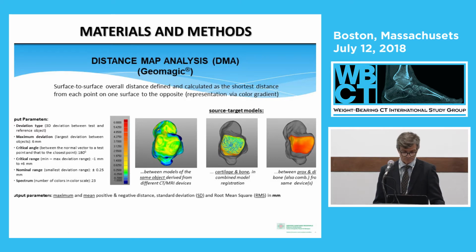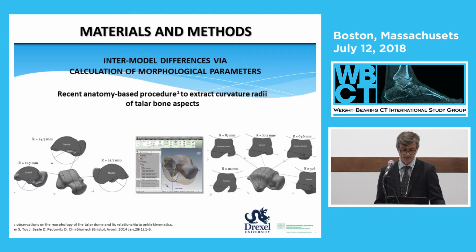We've heard about that from Dr. Lintz, and this was done in the bone-to-bone comparison, and also in cartilage-to-bone comparison. And as they have done, we can do that in a joint concept when the 2 bones are compared.